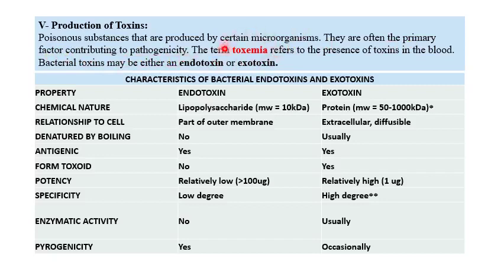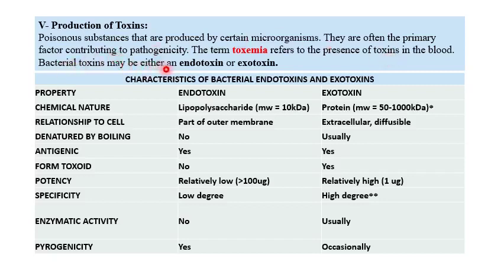The term toxemia refers to the presence of the toxins in the blood. So toxins circulating in the blood is called toxemia. If the organism and the toxin are both circulating in the blood, we call it septicemia.